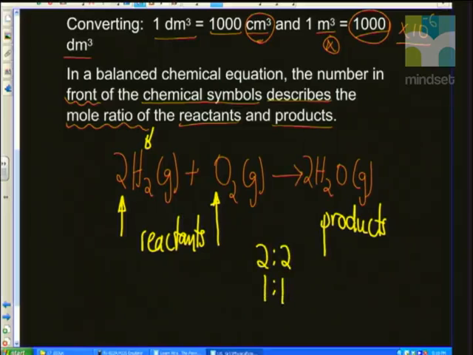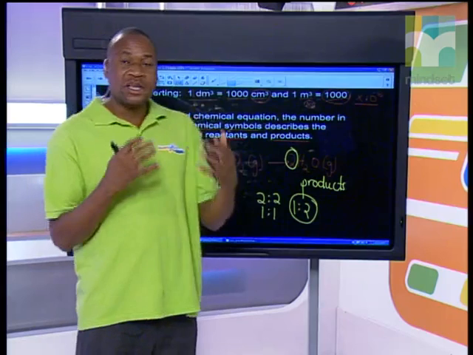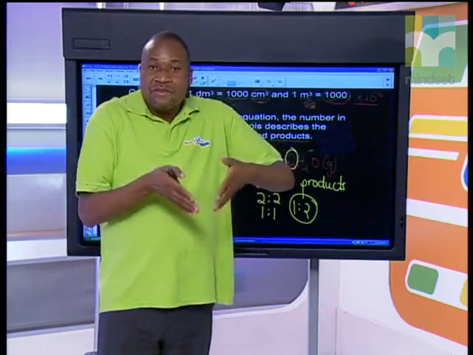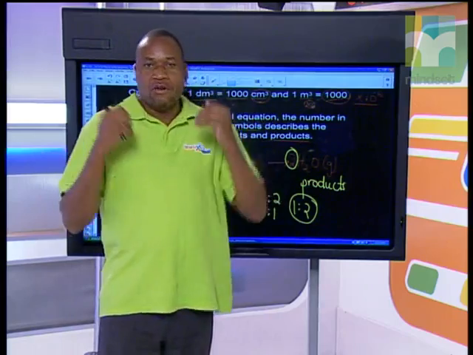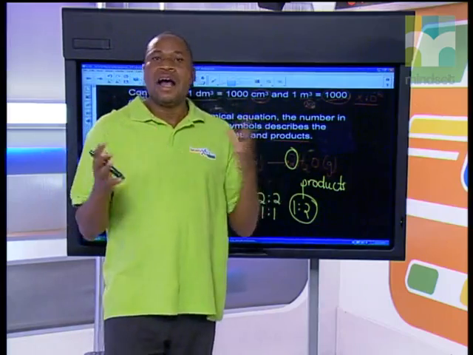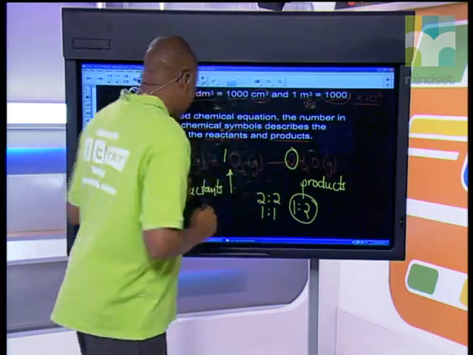But for oxygen here, the ratio will be 1 is to 2. That is the ratio that we're talking about when we're talking about the number in front of every substance there, giving us the ratio in which reactants and products are related to each other.